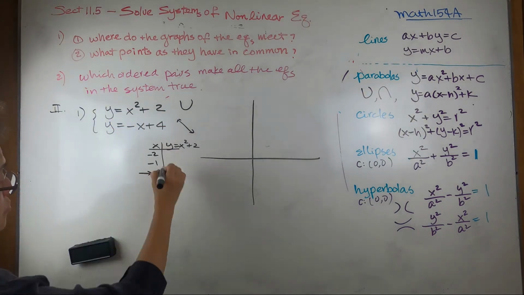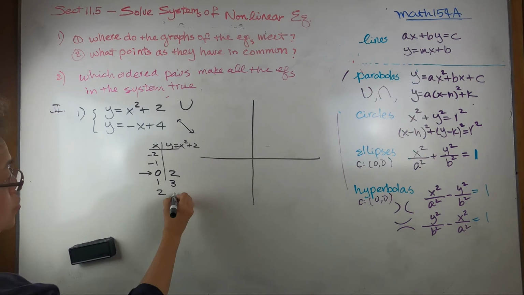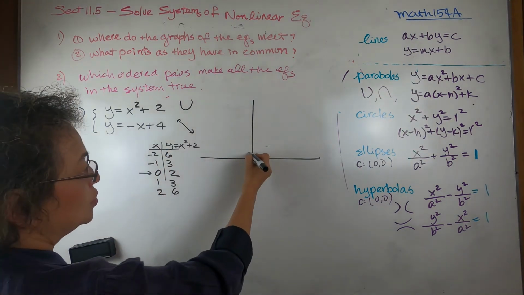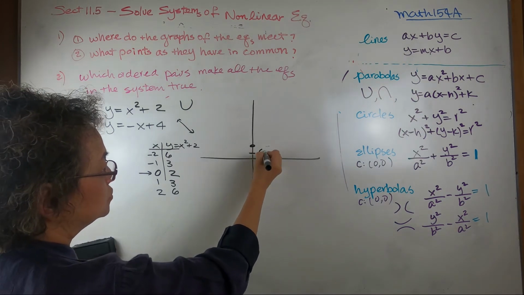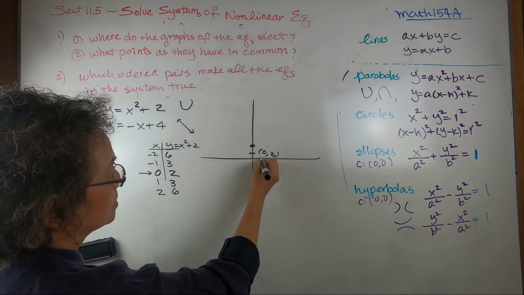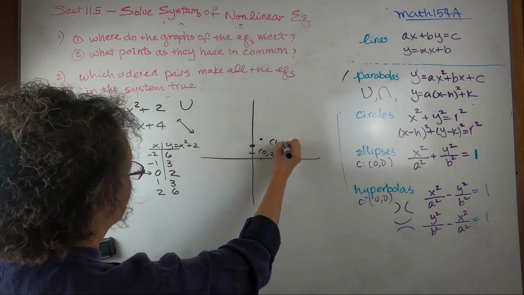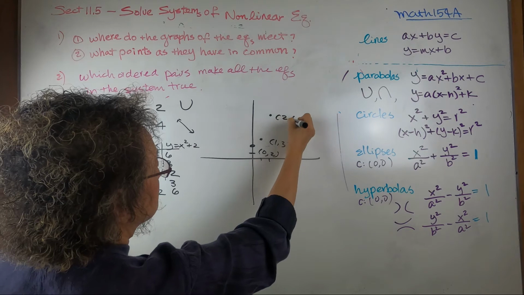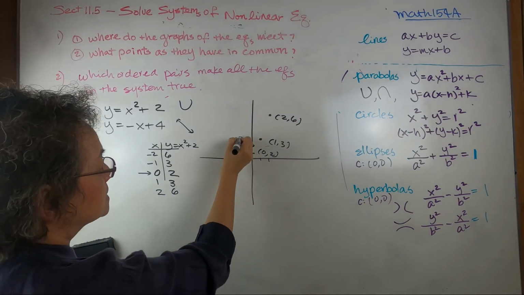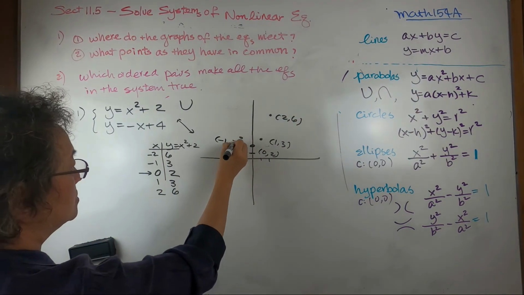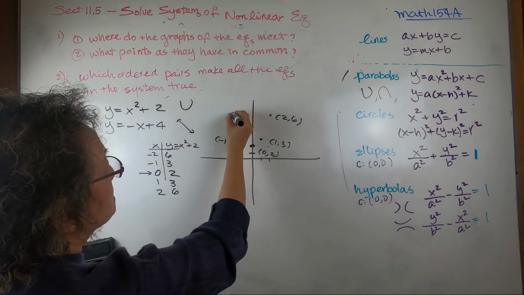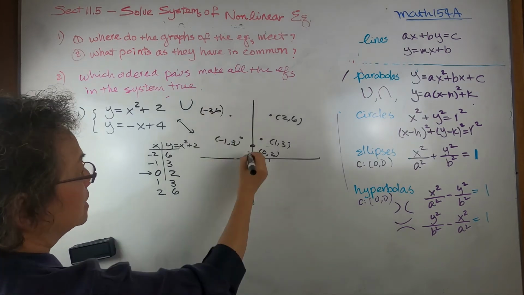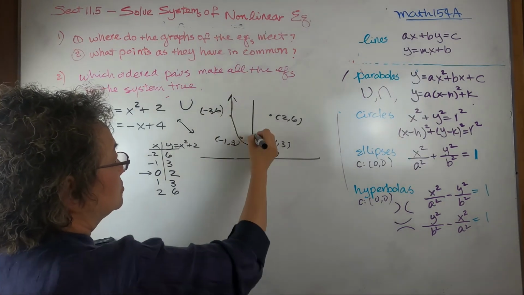So 1 would be 3, 2 would be 6. So what do we have? We have 0, 2, and 1, 3, and 2, 6. Then the other side would be negative 1, 3, negative 2, 6, right? So that's our parabola.